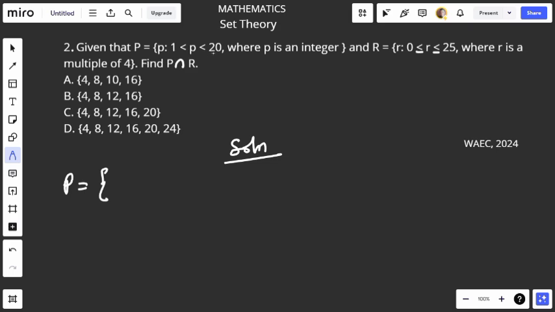They say P is an integer, which means they are looking for numbers without decimal points. For instance, if you have 2.4, this 2 here is the integer or whole number. So if they want an integer, they want a number without a decimal part.